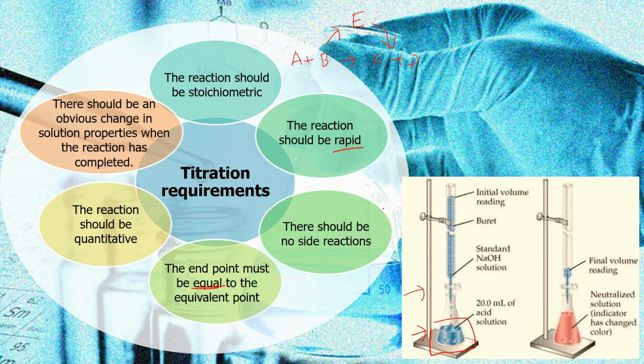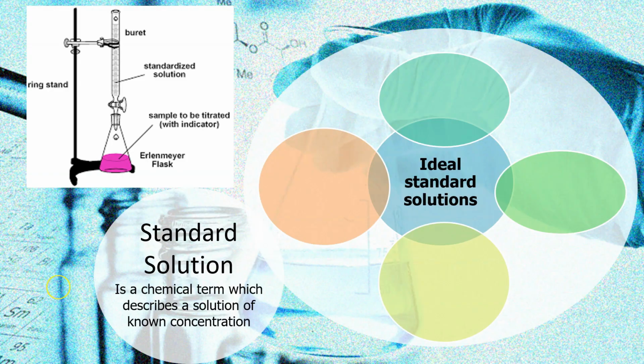The last requirement is that there should be an obvious change in solution properties when the reaction is complete. It refers to the endpoint of the reaction, where the color of the unknown solution changes from one to another.